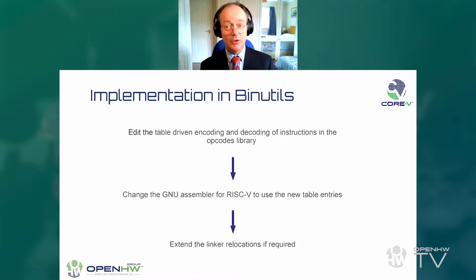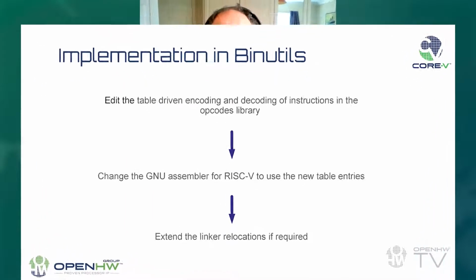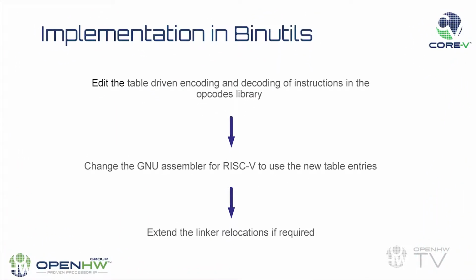Let's start with binutils, and we can break this process down into 3 steps: adding the instructions to encode and decode tables, editing the assembler to make use of these new table entries, and adding linker relocations if required. Just 3 files need to be edited for the assembler and disassembler.